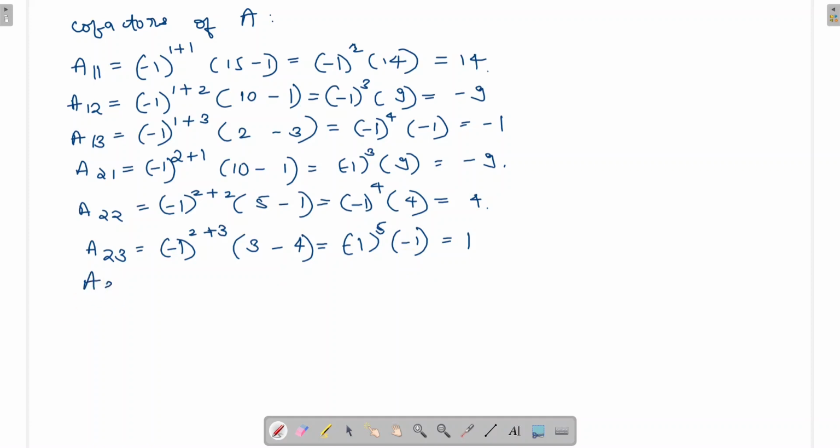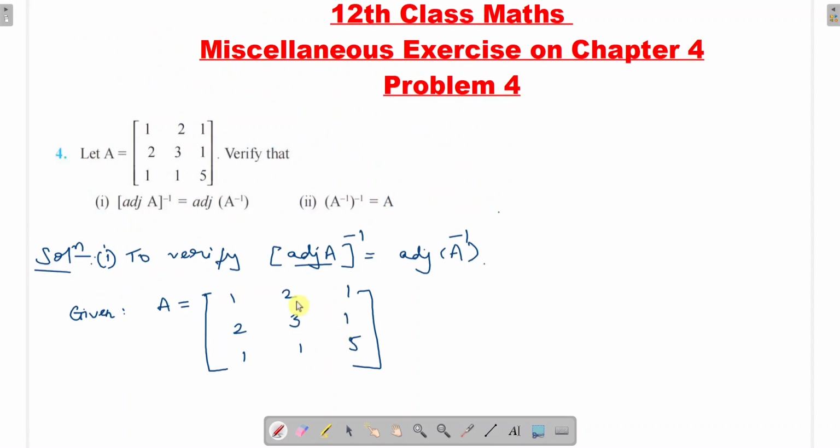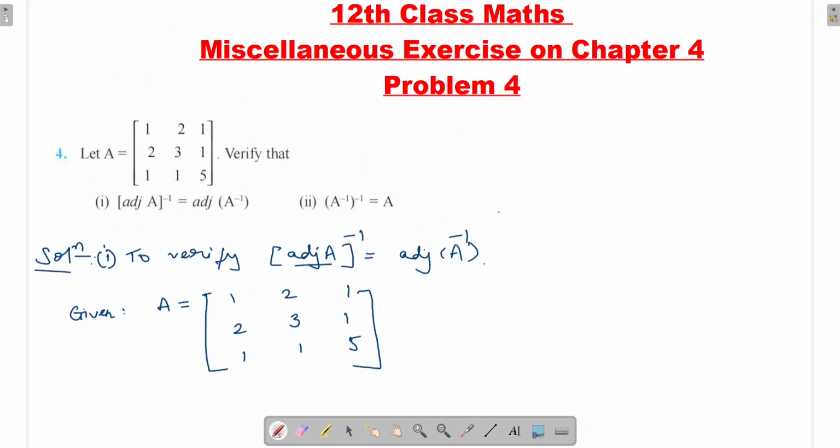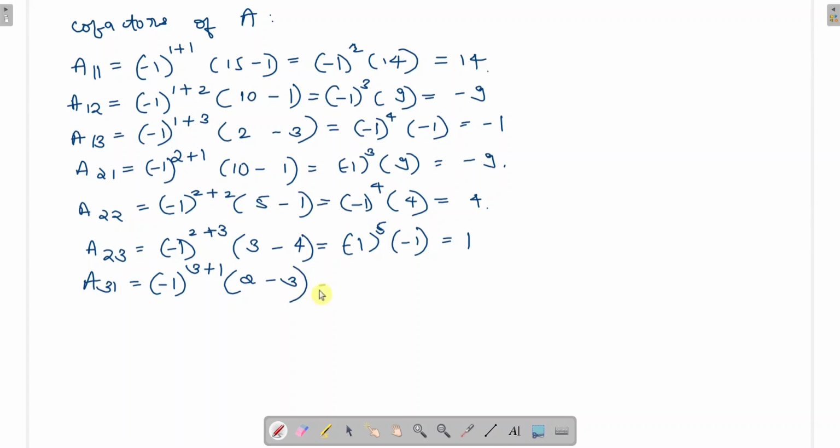Okay, then A31, which is equal to minus 1 raised to 3 plus 1. So 2 times 1 is 2 minus 3 times 1 is 3. And minus 1, so that is minus 1. Then A32, so minus 1 raised to 3 plus 2.